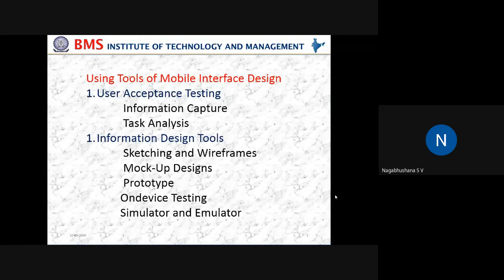So there are different types of testing available, which are done at different levels. The last stage of testing is user acceptance testing. That means testing has to happen from the end user perspective.